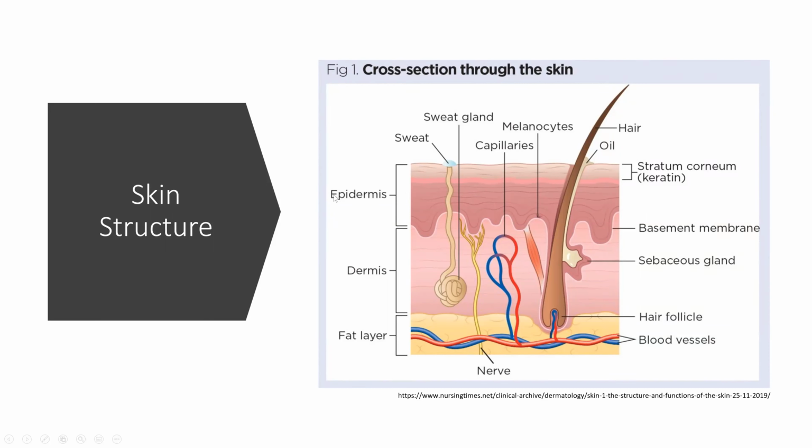So either just the epidermis or both the epidermis and dermis. And I'm going to explain to you what they're composed of and what they do. As you can see, there's quite a lot of stuff that exists in our skin. The epidermis is basically composed of cells that grow upward.